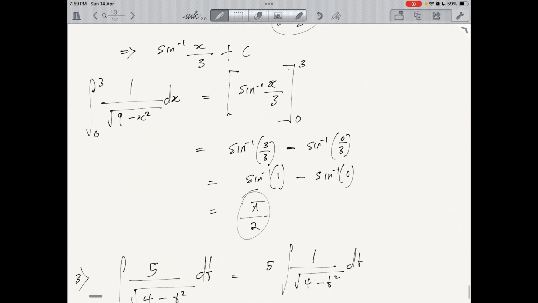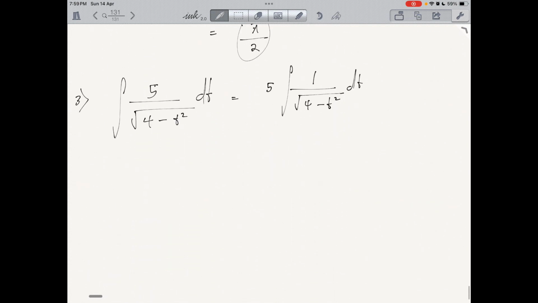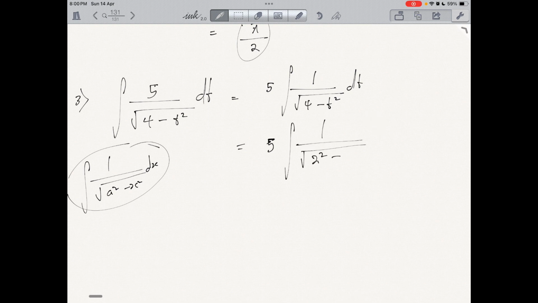Now, putting this in this form, we realize that this becomes 5 integral of 1 over 2 squared minus t squared dt. Now, when we compare this with what we have here, we realize that a is equal to 2.